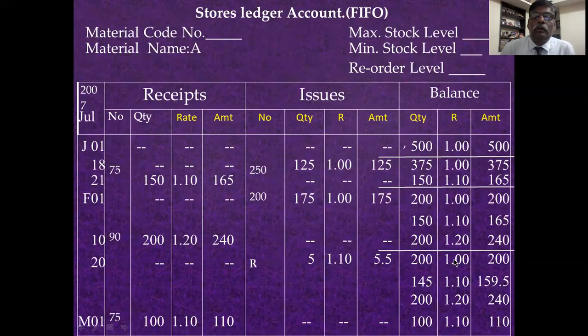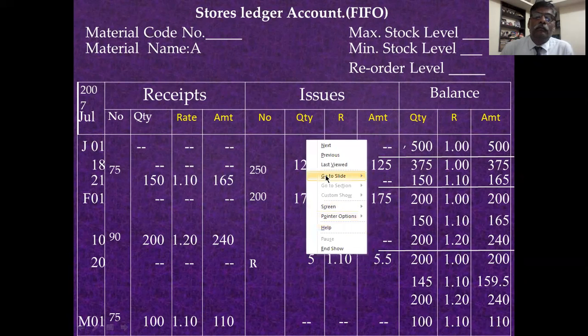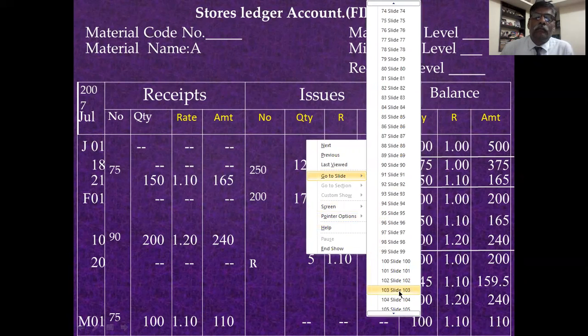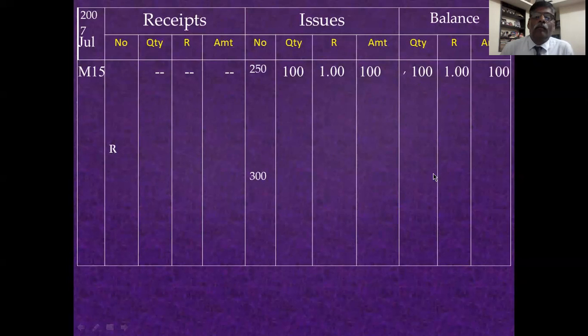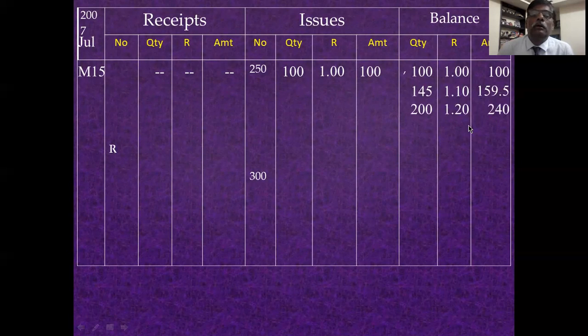Out of 200, 100 issued, balance is 100. Remaining quantity you put the same: 145 at the rate of 1.10, 200 at the rate of 1.20, then 100 at the rate of 1.10, 110. These are the material balance.